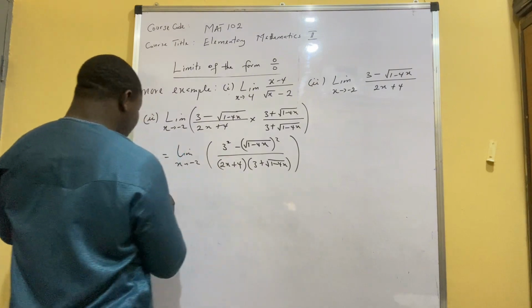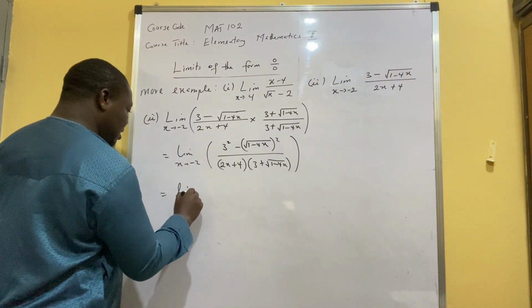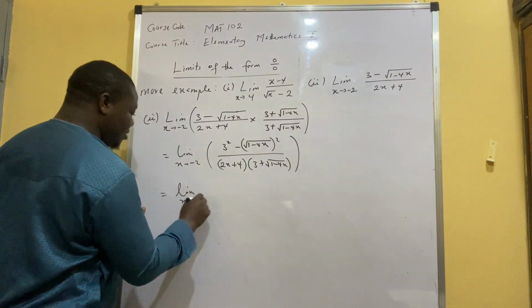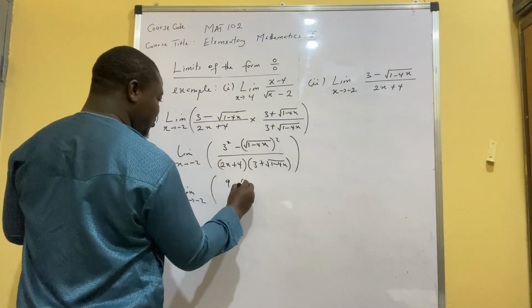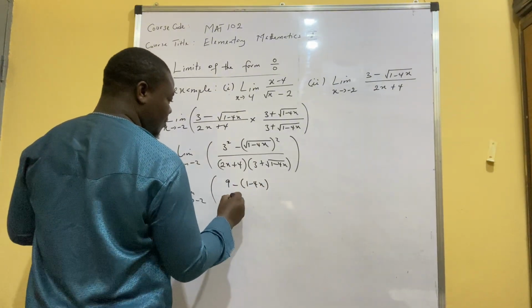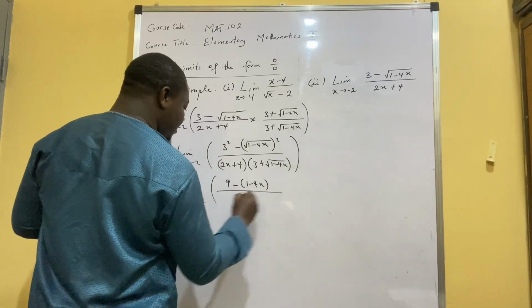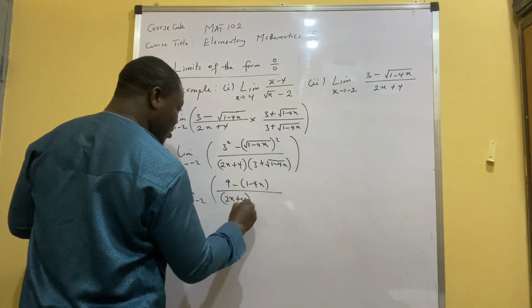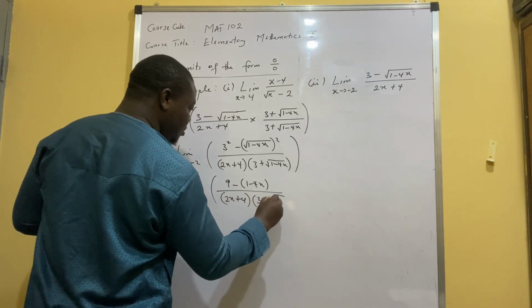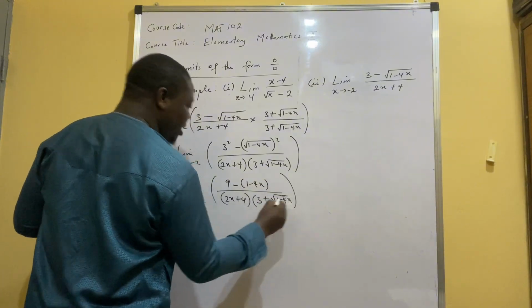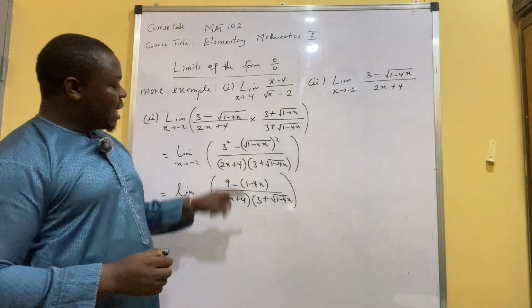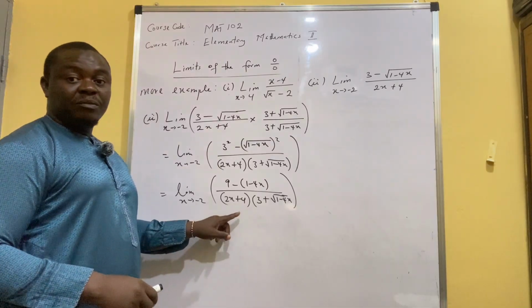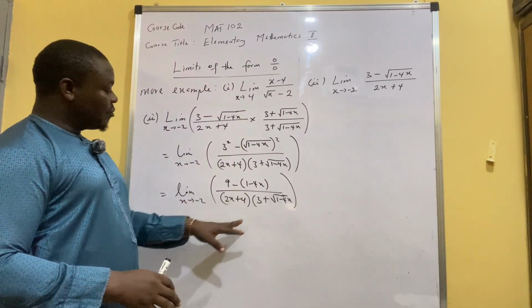So simplifying the numerator, we have the limit as x tends to minus 2 of 9 minus, if you square this, it will give you 1 minus 4x, divided by 2x plus 4 times 3 plus root 1 minus 4x. I want you to observe that usually after I multiply by the conjugate, I don't simplify the product of the other one and the conjugate.